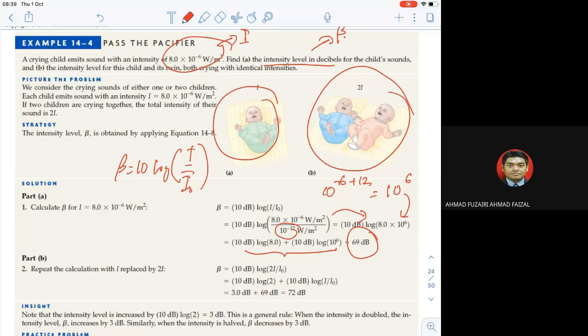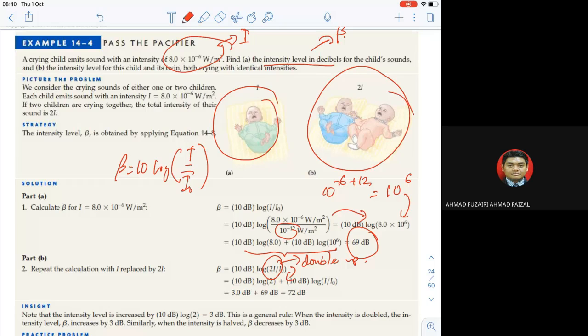So on part B, there are two identical twins. Of course, since the twins are identical, there will be a double intensity, meaning that the intensity for baby blue and of course baby orange is the same. So you need to double up this one, double the value of intensity. Again, use a little bit of information about logarithm and indices.